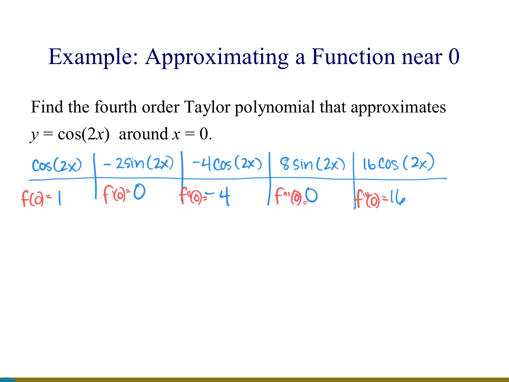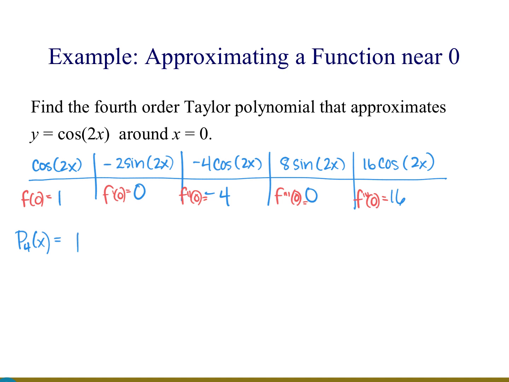So then we're ready to build our Taylor polynomial. So you say, all right, P4 of x. I am building a fourth degree Taylor polynomial. All right, so we'll each take a turn. Juliet, you can start. What's the first part going to be? 1. Thank you.